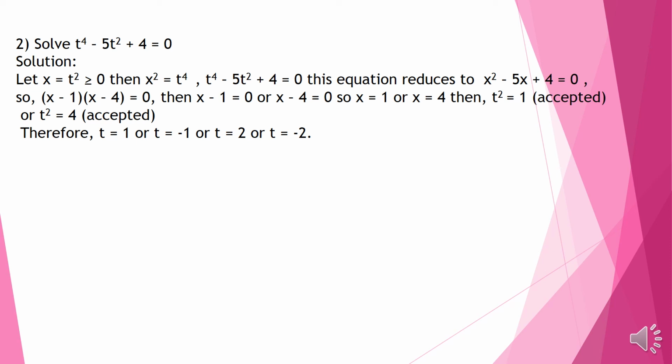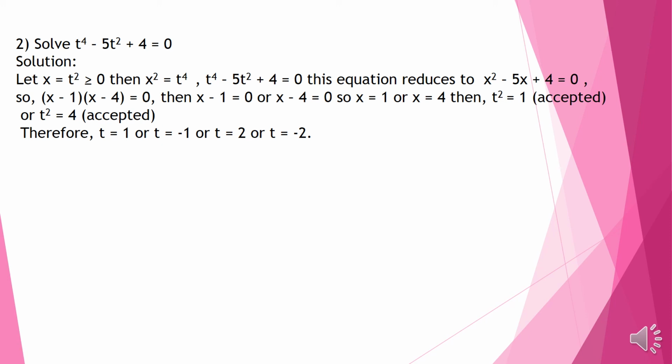Instead of t square, we get x. So the expression t power 4 minus 5t square plus 4 reduces to x square minus 5x plus 4 equal to 0. And as you see in the previous part, the solution is x equal 1 or x equal 4.